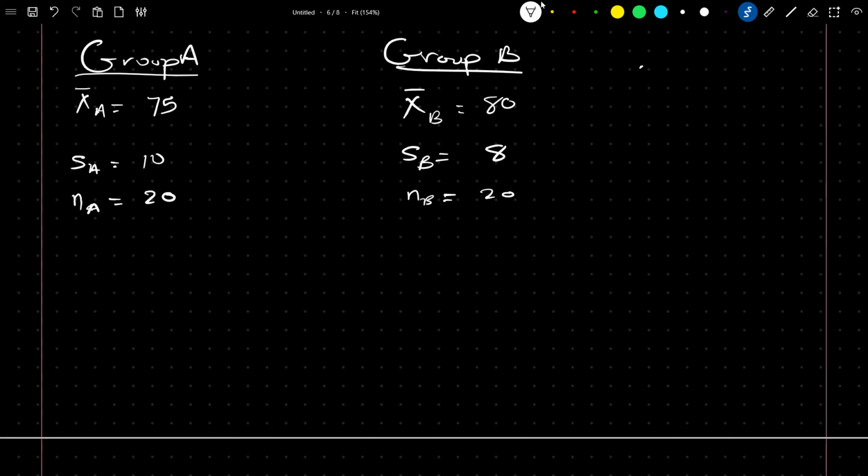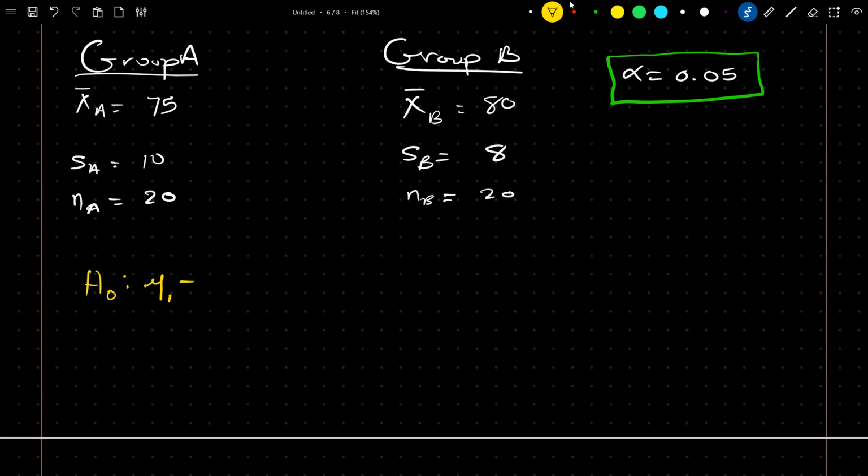Our alpha level is 0.05. So remember, what does the alpha level set? This means that we'll have a 5% chance of a type 1 error. And we can go ahead and set up our null and alternative hypothesis. Our null hypothesis is that there is no significant difference, so that if we look at the population mean of these two groups, they'll be the same.